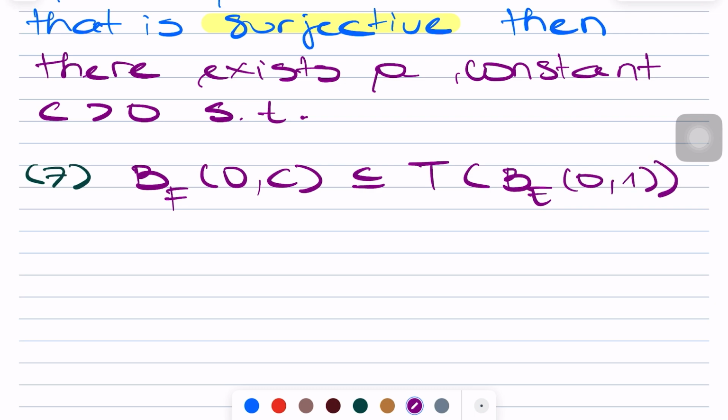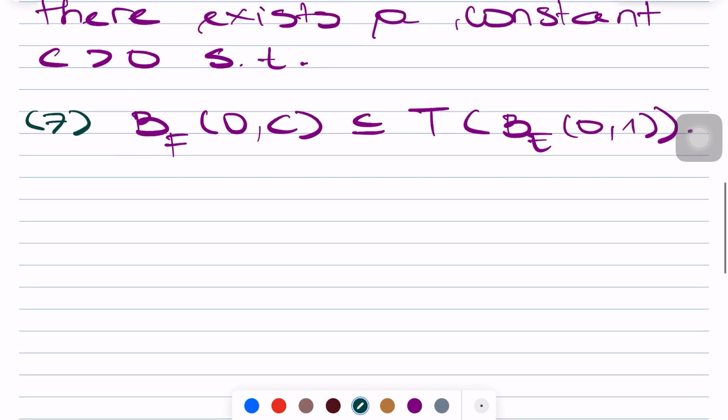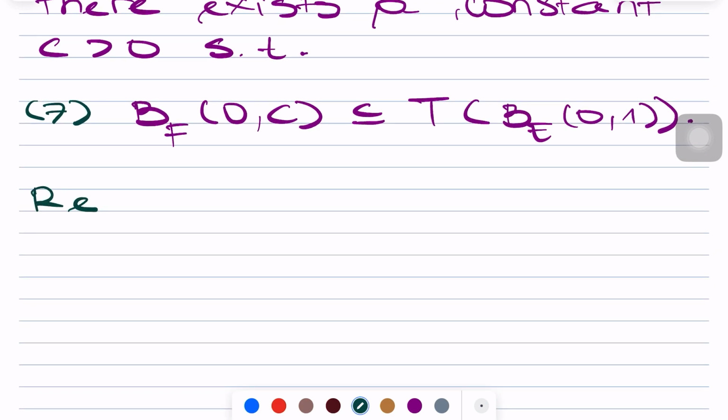Let's take a remark just for our understanding of the theorem.